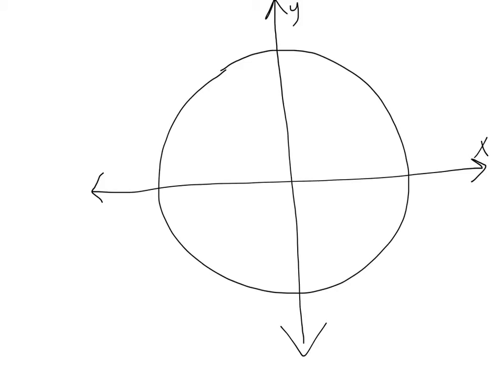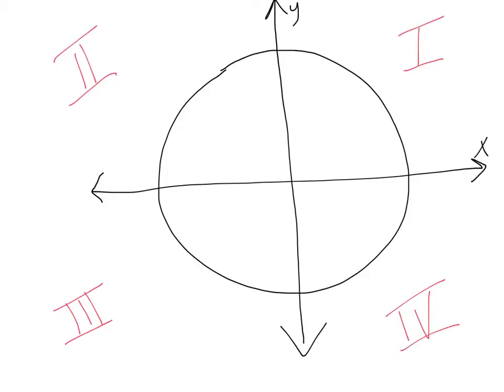What I want you to understand is that in this coordinate axis, in this circular plane, I have quadrant 1 sitting up here in the upper right corner. Quadrant 2 sits over here in the upper left corner. Quadrant 3, and then quadrant 4.